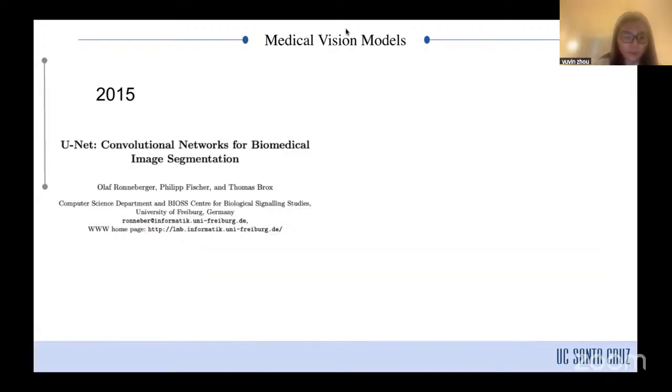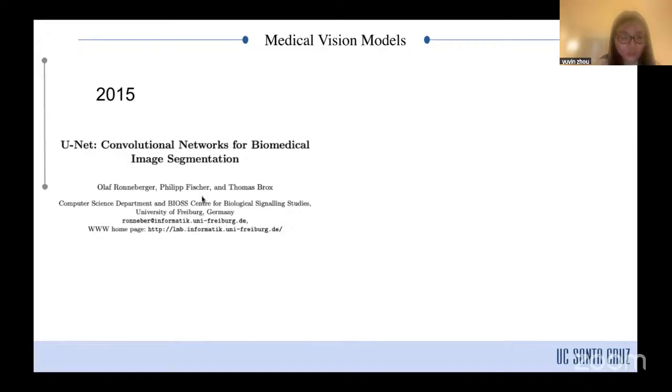Okay, so what about models, right? We have seen a lot of different tasks and applications using different tools. But what about the medical vision models underlying these tasks? To understand this, we must go back to 2015 to understand the beginning of the medical image segmentation model, which is U-Net: Convolutional Networks for Biomedical Image Segmentation, a Ronneberger 2015 paper.